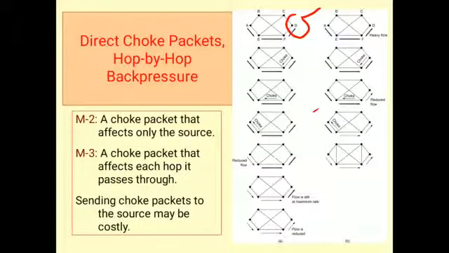And now what will happen? The source node receives this choke packet, and it observes that the congestion has occurred at the receiving node D. So the receiver is requesting to slow down.